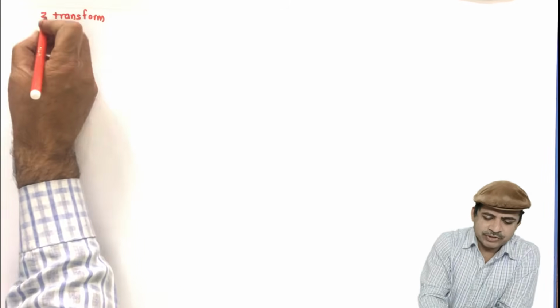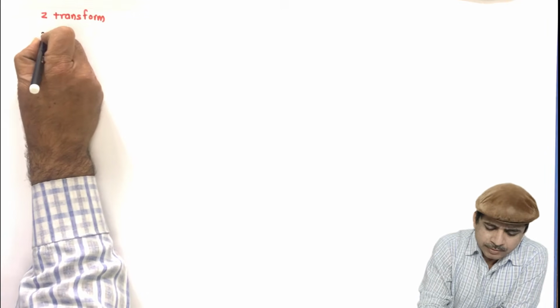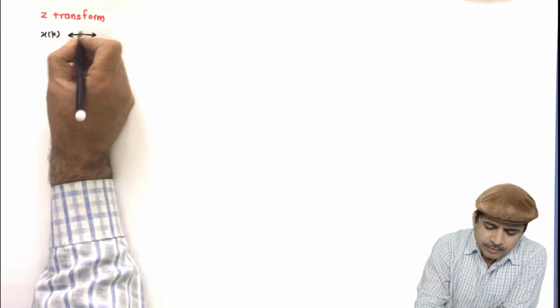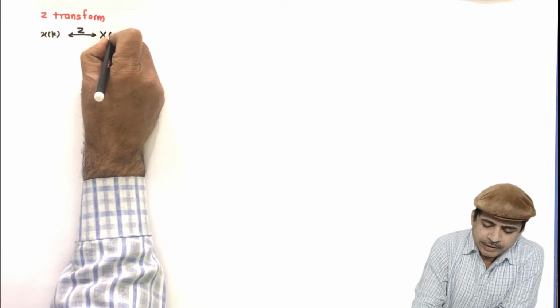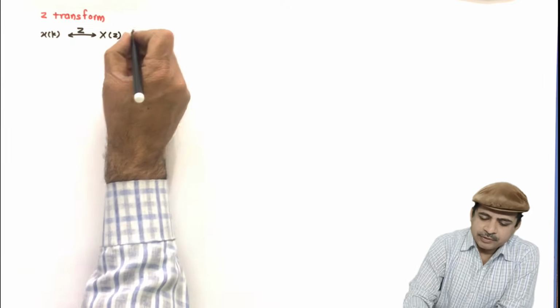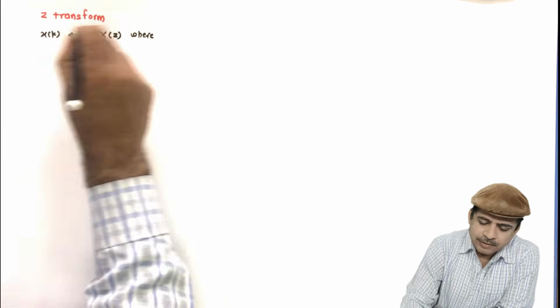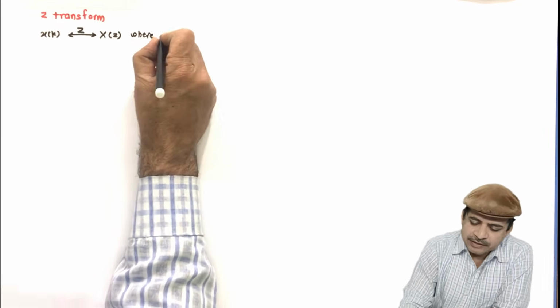For the discrete time signal x of k, if we apply Z transform, we get x of z, and in this case k we know, k is the discrete time index, but what is z?